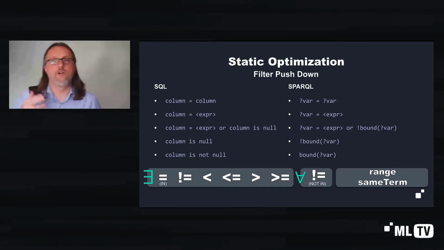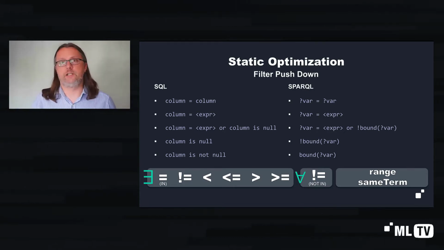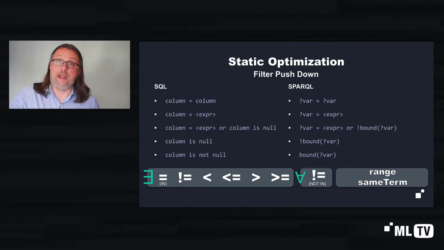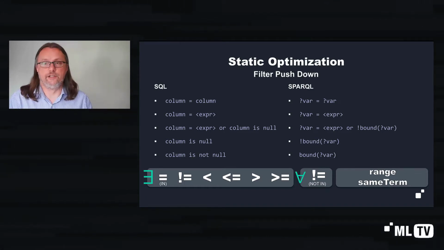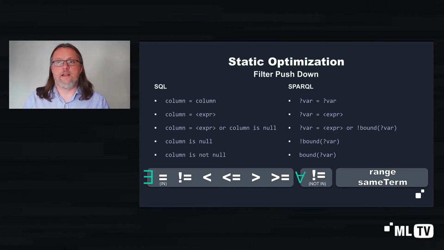And if it's column equals expression, where the expression uses the value of other columns, again that's going to be a join condition. But it might be an expression that results in a literal, in which case that can be pushed down to the indexes, usually. So then another type of expression that can be pushed down is the same as above, but or column is null.